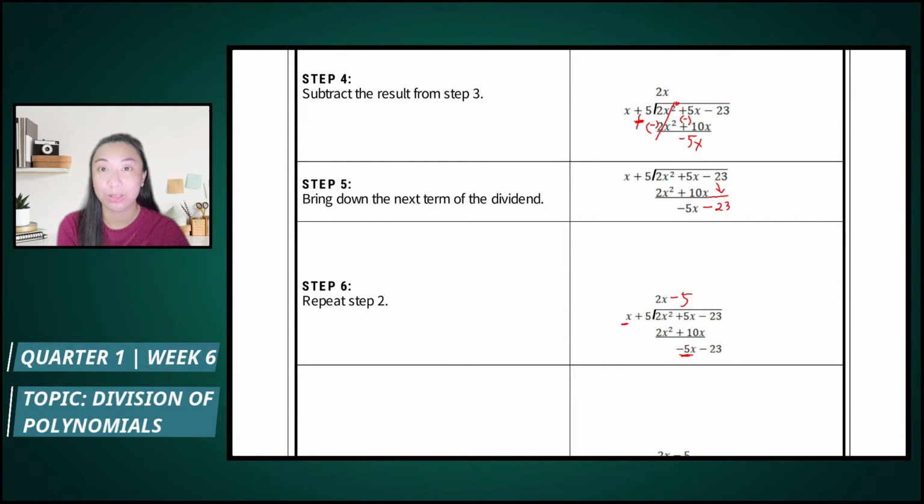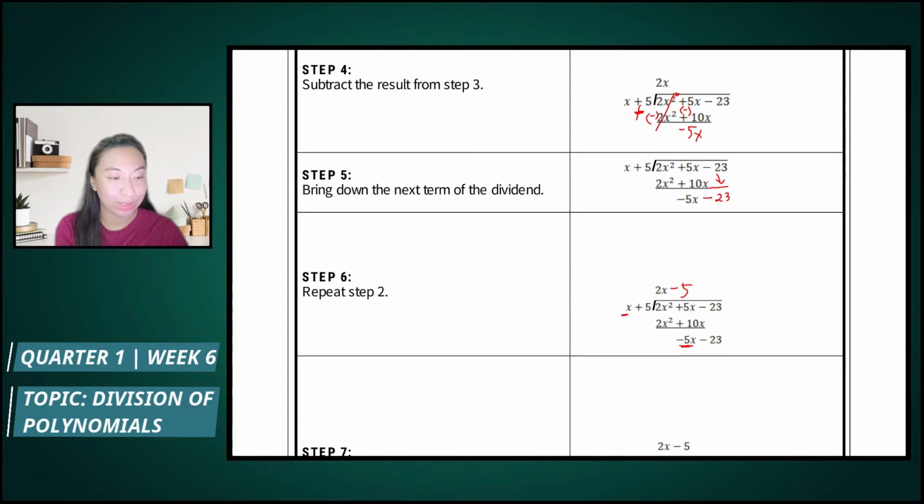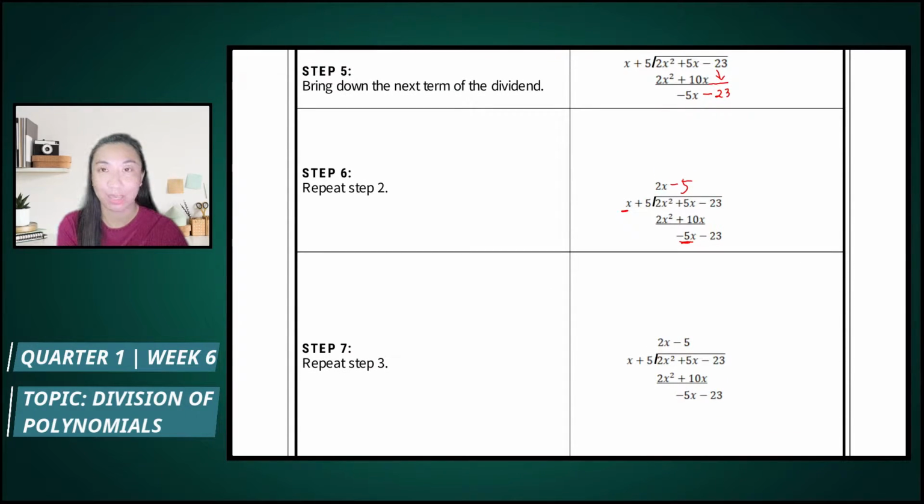Once we are done with that, let's proceed with step number 7. Please follow. For step number 7, repeat what we have done earlier. Once we have the quotient, negative 5, we distribute it to the divisor, one by one. Negative 5 times x is negative 5x, and negative 5 times positive 5 is negative 25.